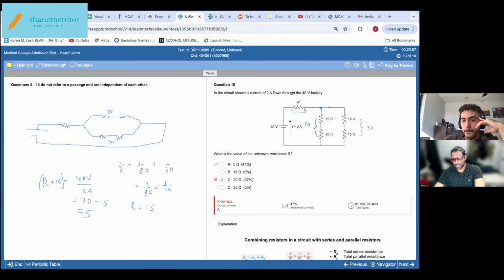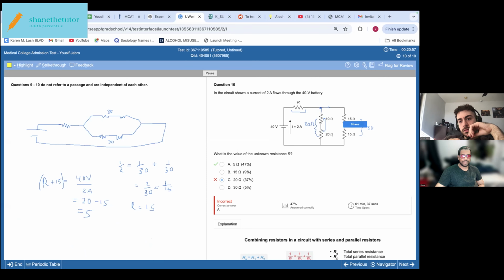However, these two are in series, right? So if they're in series, we can just add them, so that would combine to give you 30 ohms.